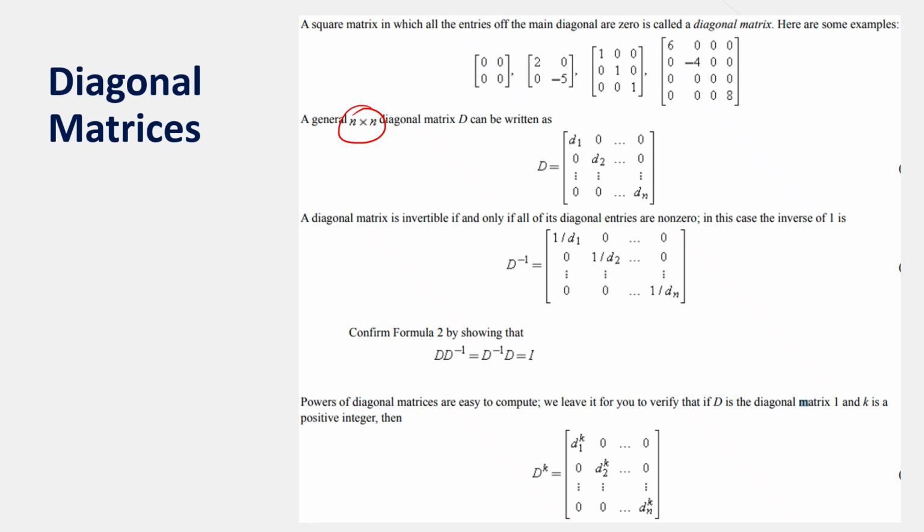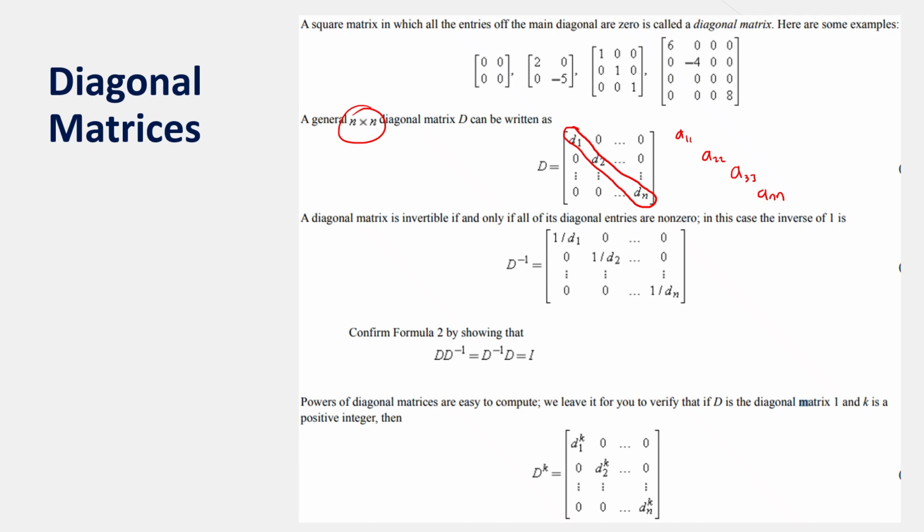The main diagonal is the entries that have the same row and column index. For example, entry 1 1, entry 2 2, entry 3 3, until entry n n. All of these have values that are not equal to 0.